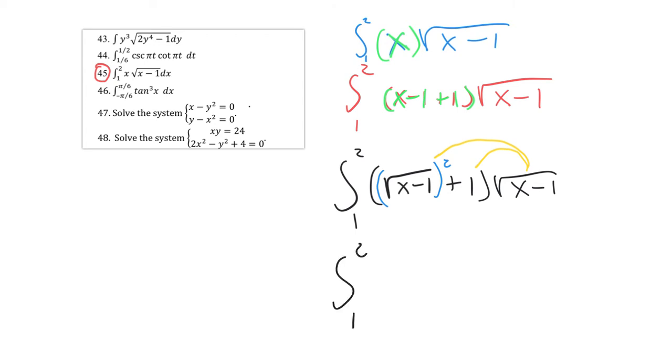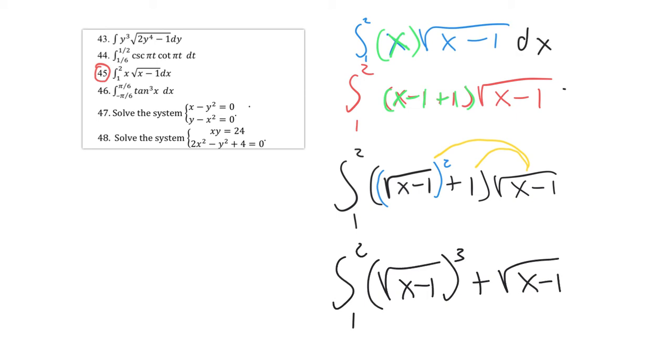So we would have, looks like it would be radical x minus 1 to the third plus radical x minus 1. All right, now this should really be a dx after all these.